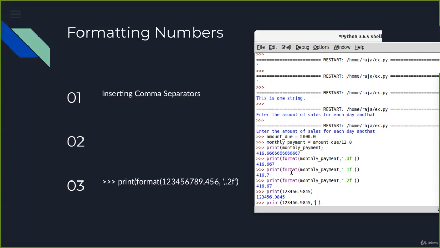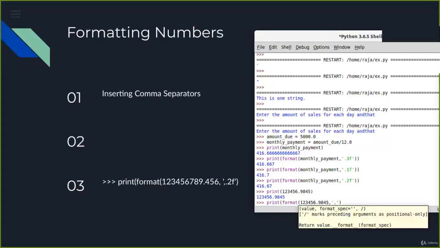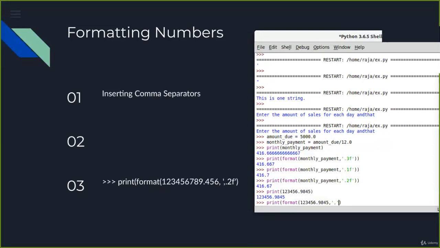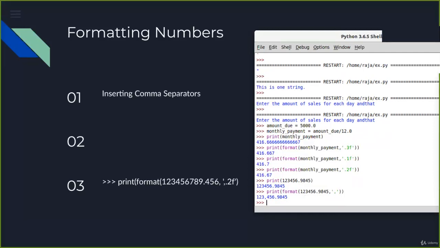What we can do is simply insert the comma in the format function, so that it will let us know that we have to format our set of things with a comma. You see, it has separated our huge number with comma.